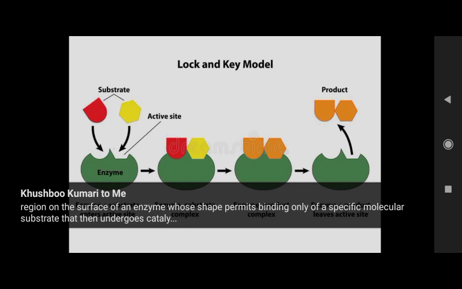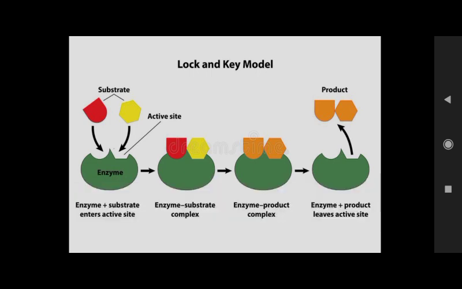Now, see, there are several hypotheses, students, which describe the mechanism of enzyme action, but one most popular and widely accepted hypothesis or model is the lock and key model.